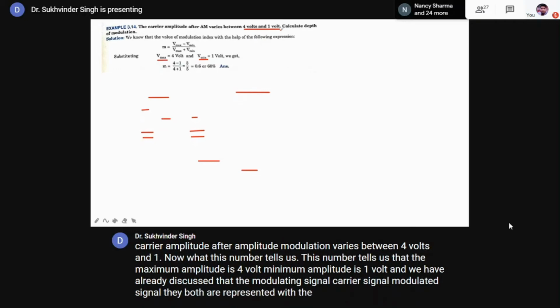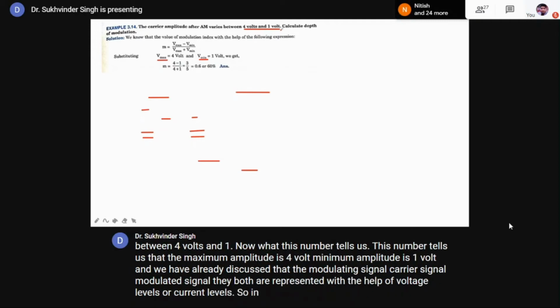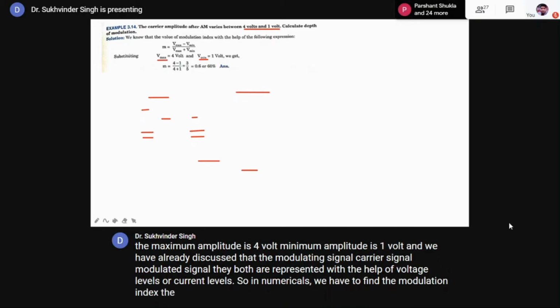So in numericals we have to find the modulation index, the power, the current, etc. in terms of Vmax and Vmin. So here Vmax is 4 volt and Vmin is 1 volt.